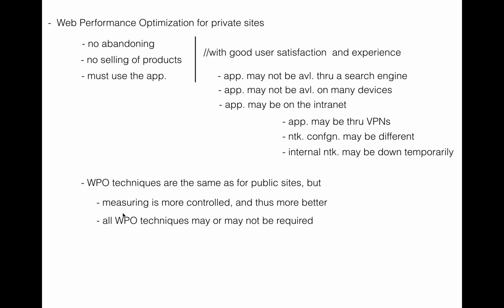Number two, it may not be required that all the WPO techniques be applied for the performance of the app to be really good. Maybe only a particular set of WPO techniques works fine and you get the desired performance.